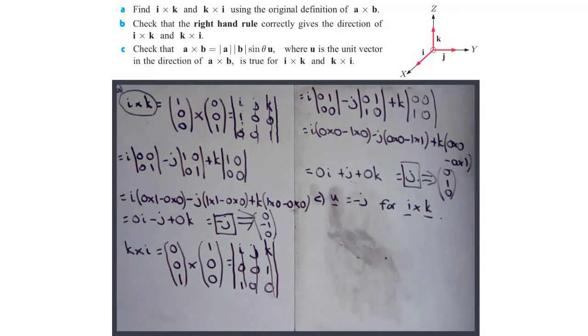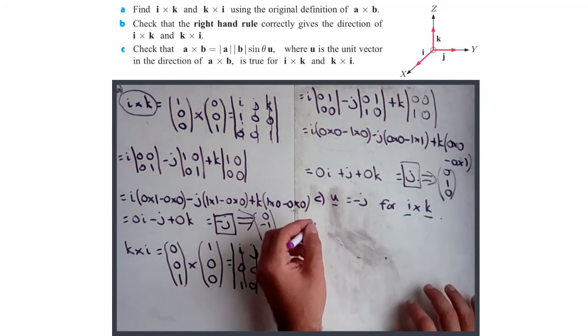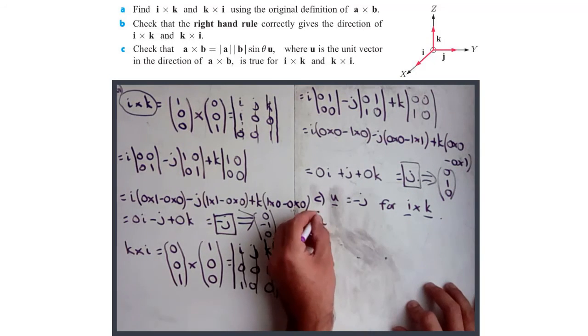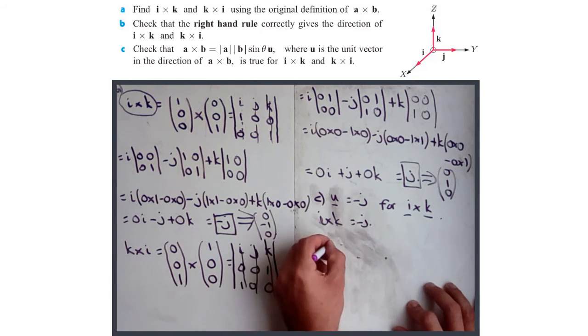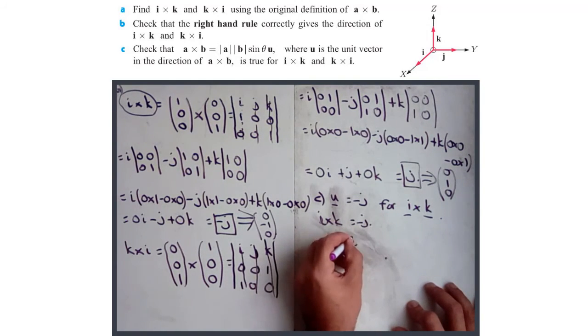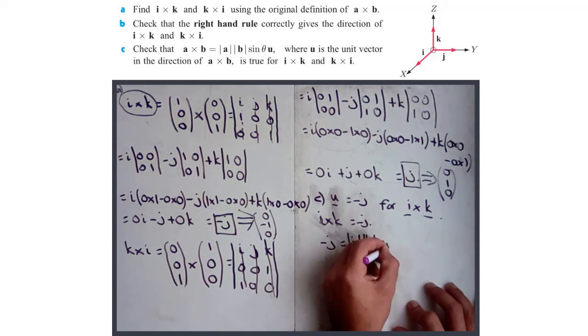Okay, so we need to check that A cross B equals the modulus of A times the modulus of B times sine theta times u. So A cross B, we already know that I cross K equals minus j. So we need to check if minus j equals the modulus of I times the modulus of K times sine of the angle between them.